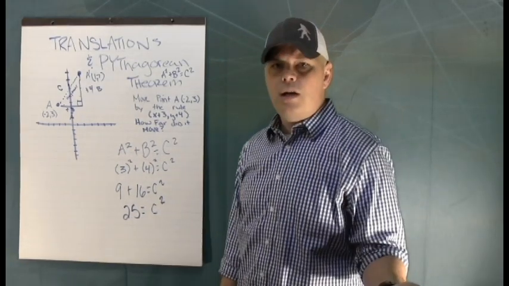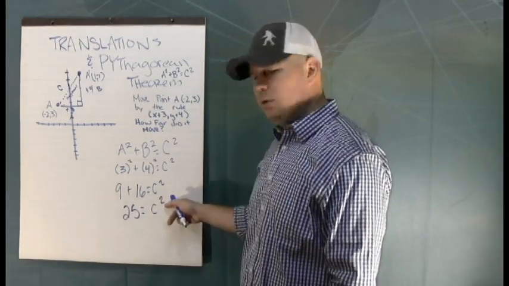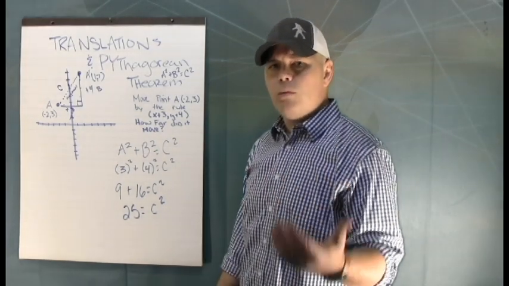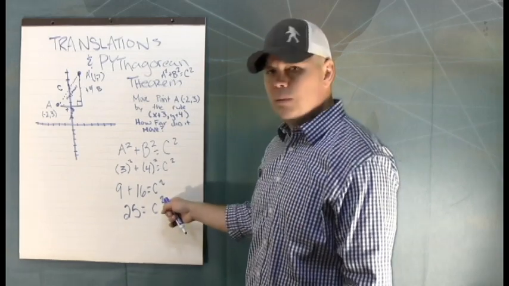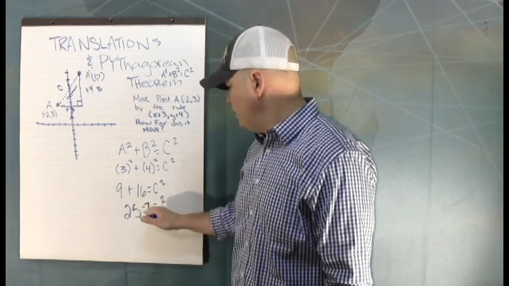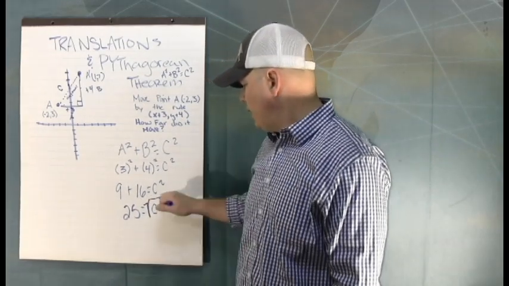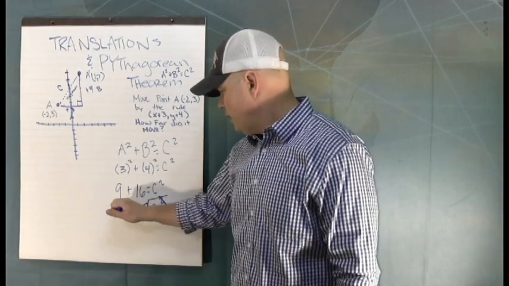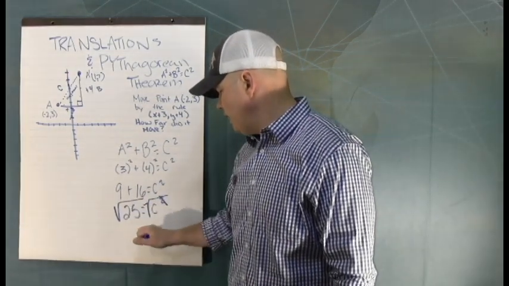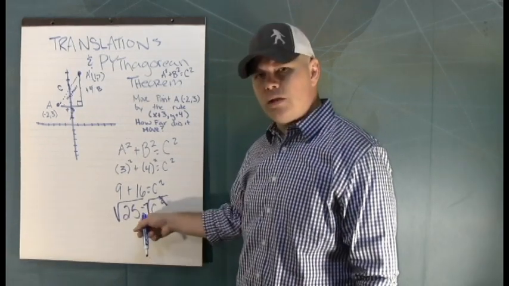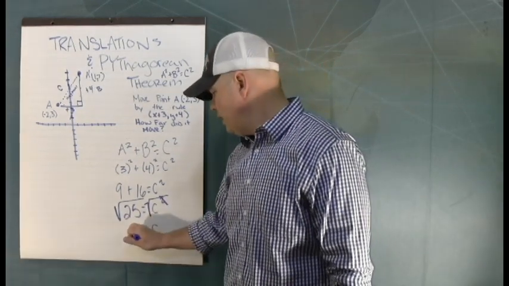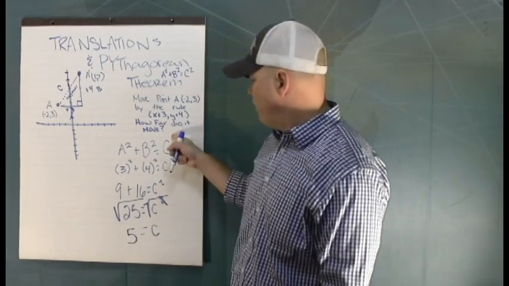Now here is where we got to the point where, how do I get rid of that exponent? Well, there's only one way to get rid of an exponent, and that is to take the root function of it. In this case, since I'm squaring it, I'm going to take my square root. That cancels that, and I'm going to do the same thing to the other side. So I'm left over here with C is equal to whatever the square root of 25 is. In this case it is 5. So how far did I move?